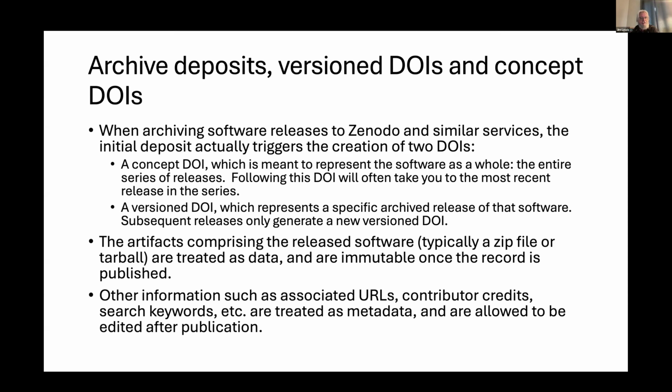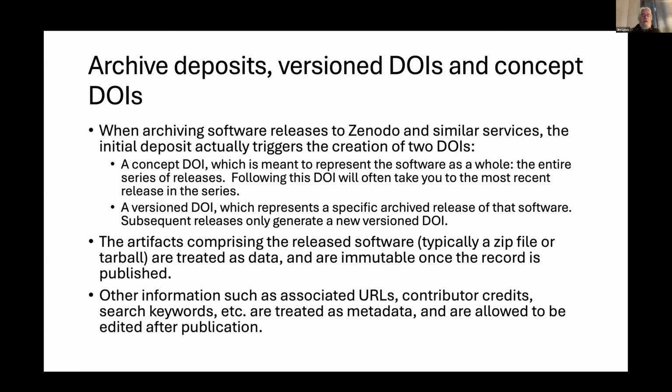And then Zenodo keeps track of the data part of that deposit, which is the artifacts that are your release software. Typically, that's just going to be a zip file or a tarball.